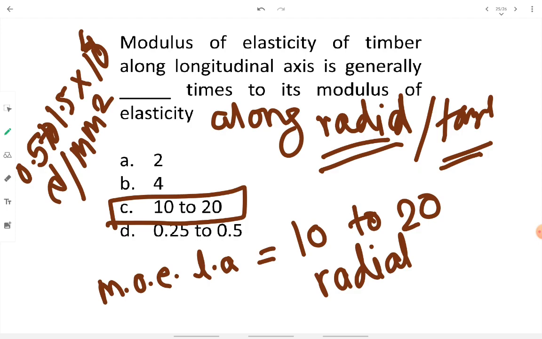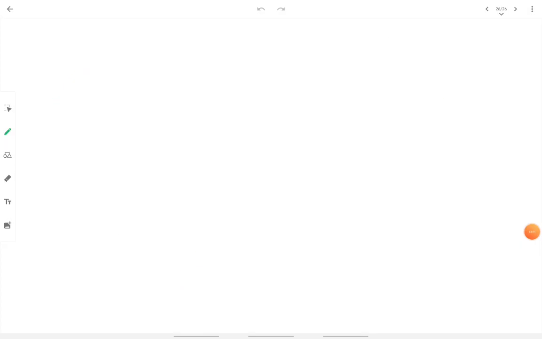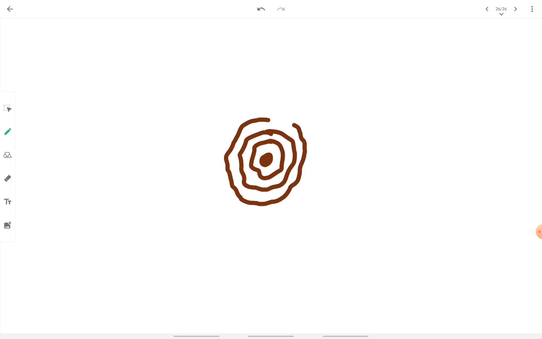Now let's see a diagram that summarizes the components of the tree or timber we just saw. In the center, what was there? It was pith. Surrounding the pith, the annual rings were what? The annual rings were hardwood.